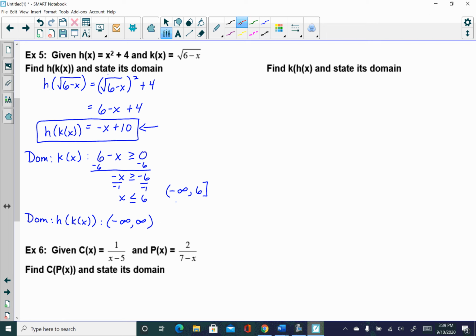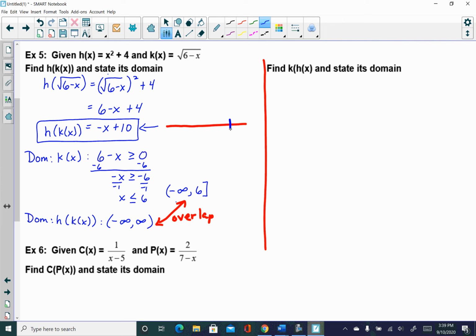And then to find out what my overall domain is, I'm looking for where these two overlap. If you need a visual, I'll just draw a quick little number line here.